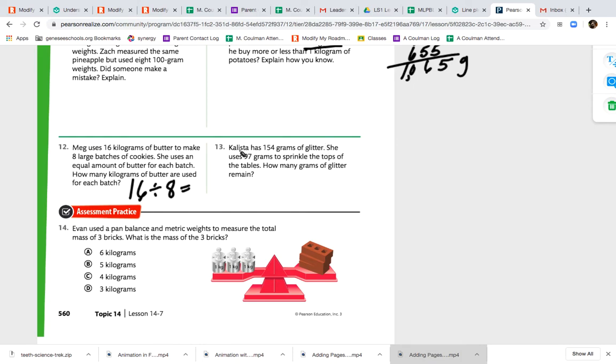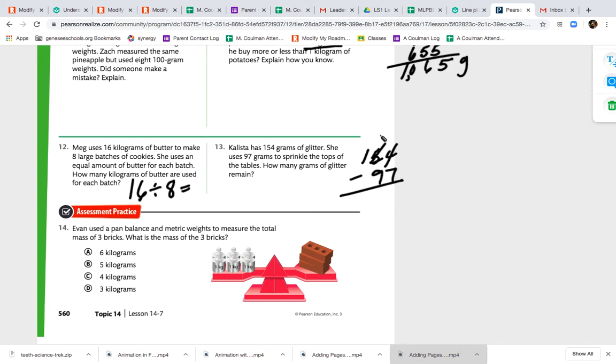Right here on number 13, we have Callista has 154 grams of glitter. She uses 94 grams to sprinkle on top of the tables. How many grams of glitter are remaining? She started with 154, and she's using, which gives you the idea of subtraction. We're going to have to do some borrowing. Bigger bottom, better borrow.